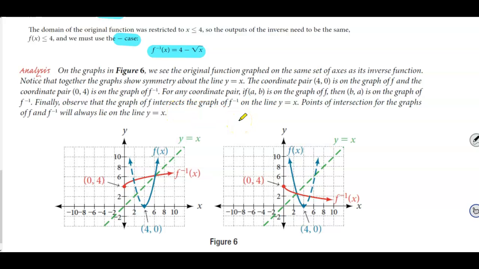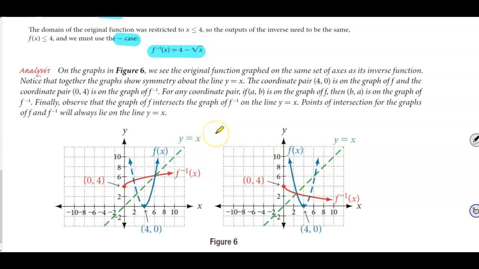Now, on the graphs in figure 6, we see the original function graphed on the same set of axes as its inverse function. Notice that together the graphs show symmetry about the line y equals x. The coordinate pair 4, 0 is on the graph of the function, and the coordinate pair 0, 4 is on the graph of the inverse function.